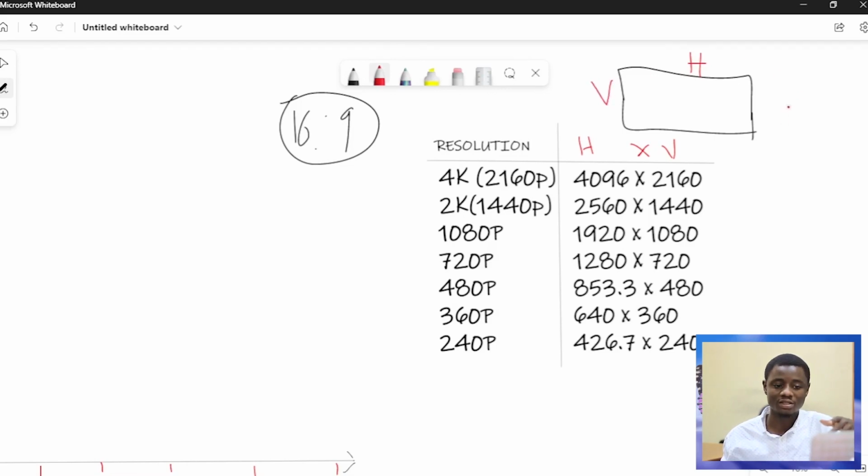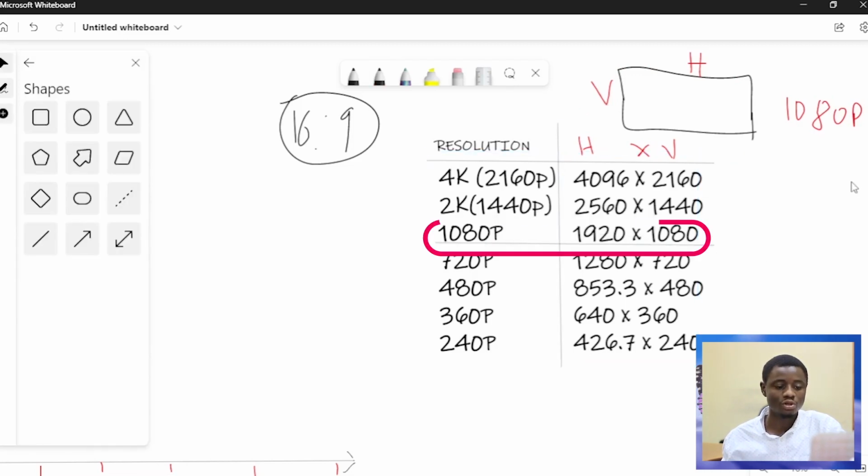So when you hear something like 1080p, let's begin. 1080p is the most common one. So when you hear 1080p, it means in the vertical we have 1080. So it's going to be like this, like I've written it down here. So this is 1080p. Then we are going to have 1920.